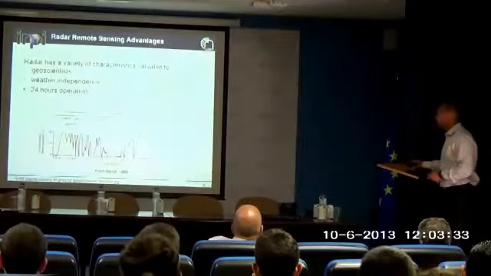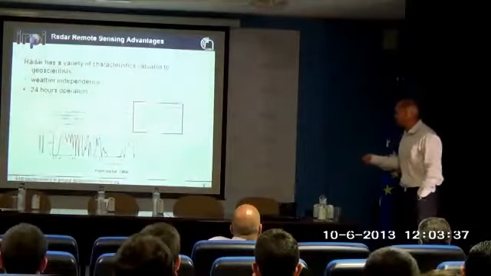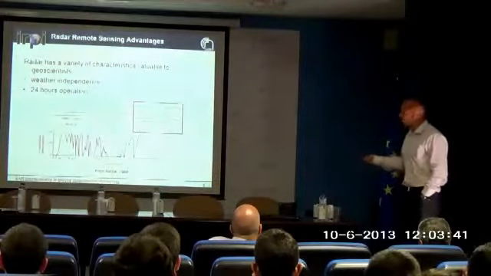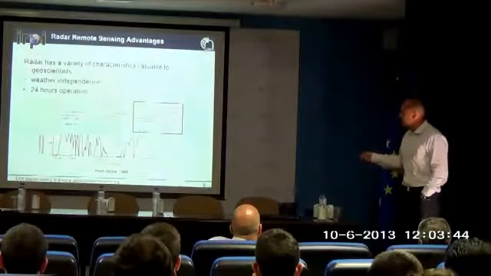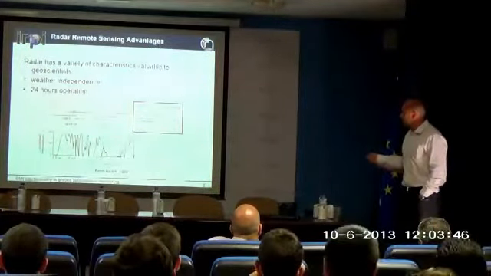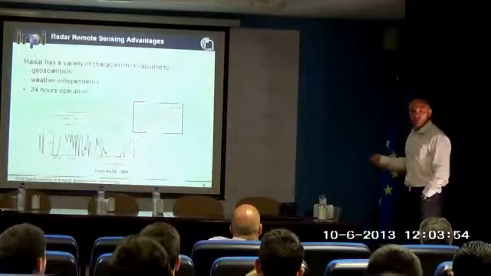example. Here you see the wavelength of the electromagnetic signal, and this is the atmospheric transmission. That means that here, all the energy that we send at these wavelengths can pass through the atmosphere 100%.